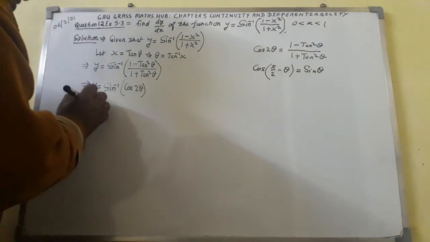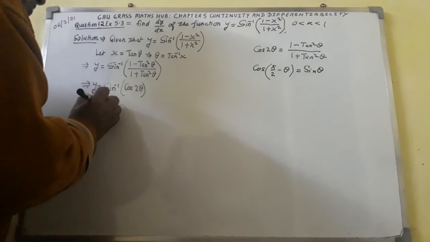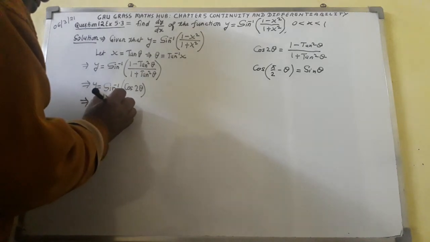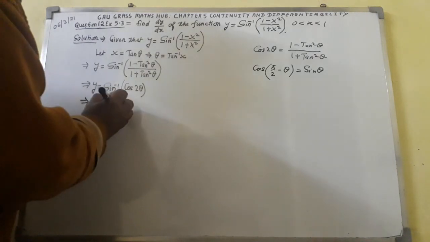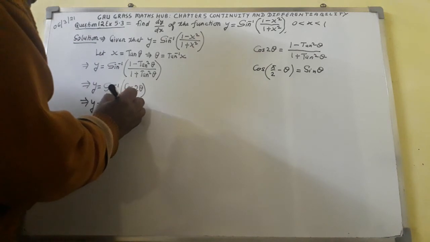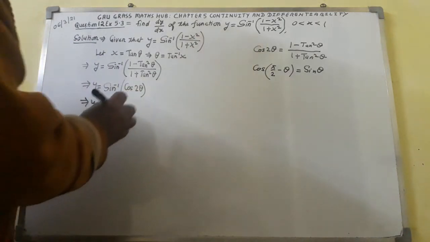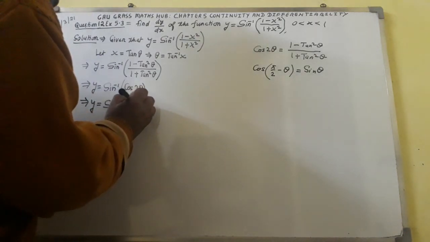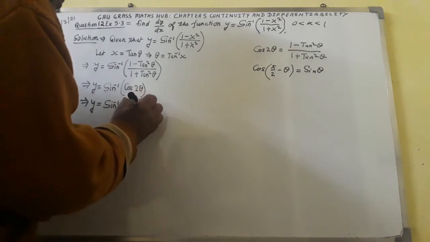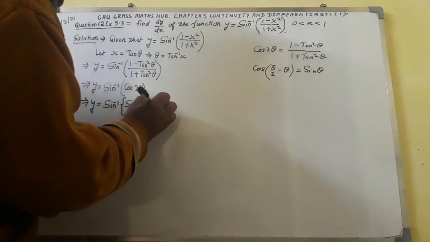So here I shall write y equal to sine inverse of {sine of (pi by 2 minus 2 theta)}.